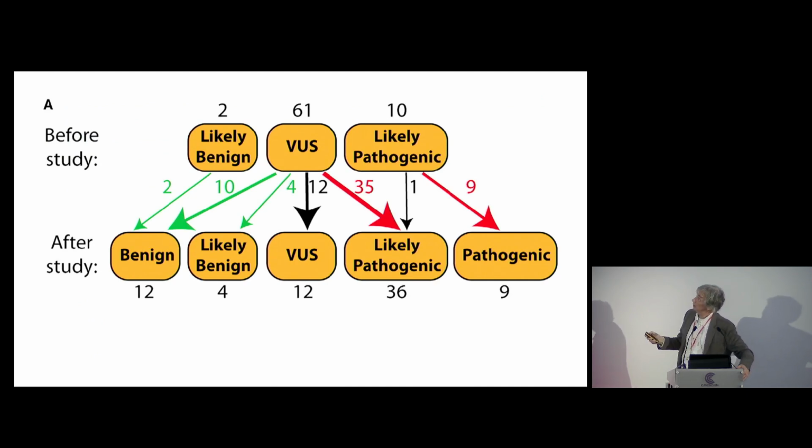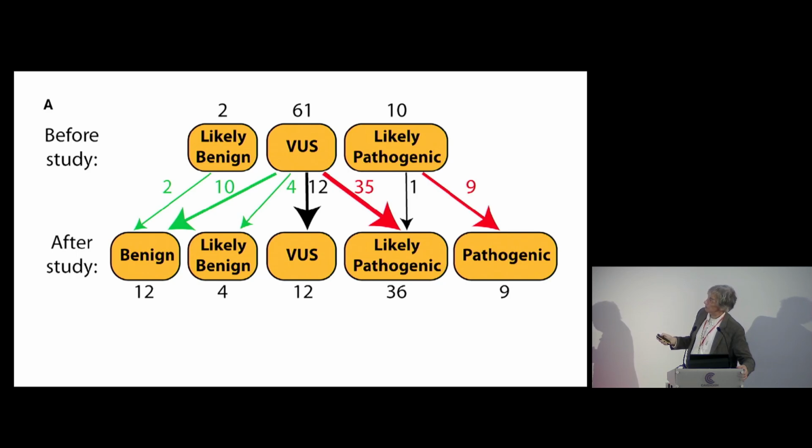Before the study, 61 of them were classified as a VUS, 10 were likely pathogenic or pathogenic, and 2 were likely benign. And then if you do the functional study, you see that from these likely pathogenic, 9 become pathogenic, 1 remains in that category. But the main difference is here.